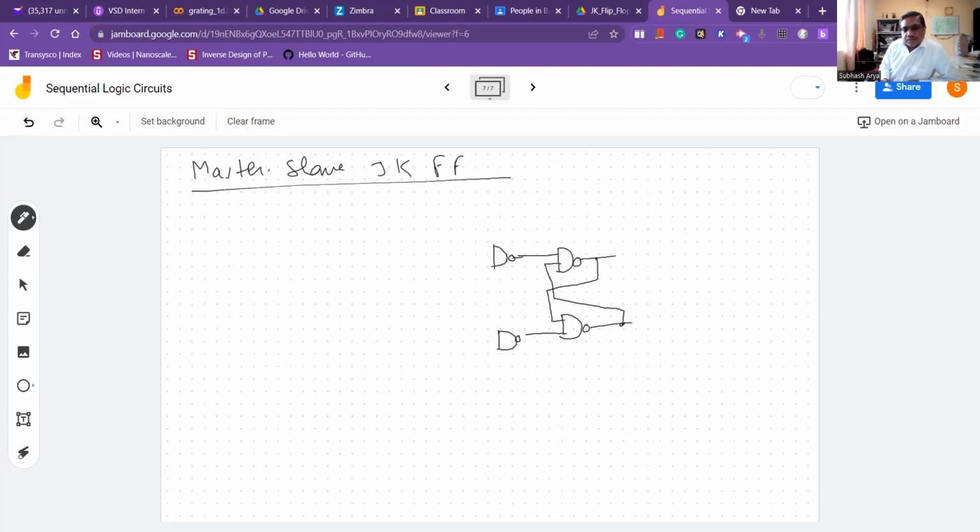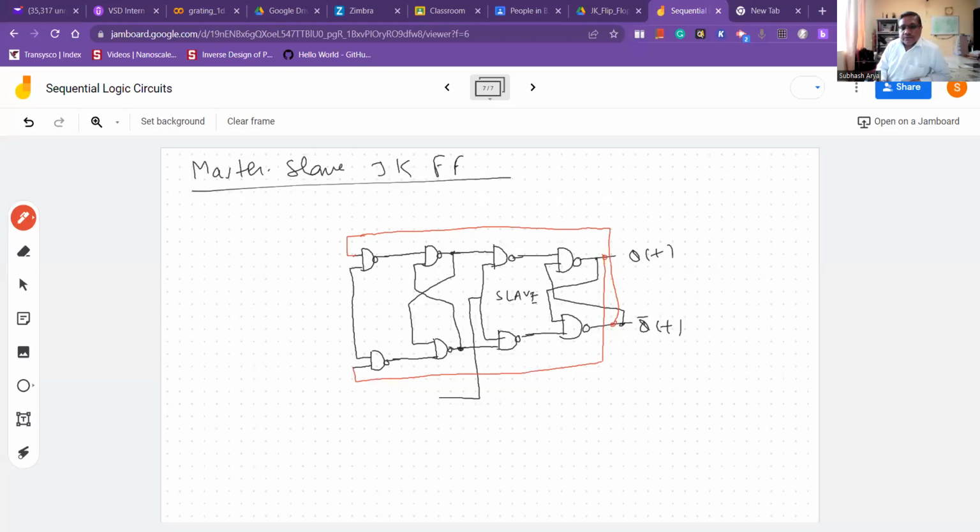This is Q bar, this is Q. Now we have to connect it together. So this is called the slave side of the circuit. This is my slave portion and this here is the master portion of the JK flip-flop.